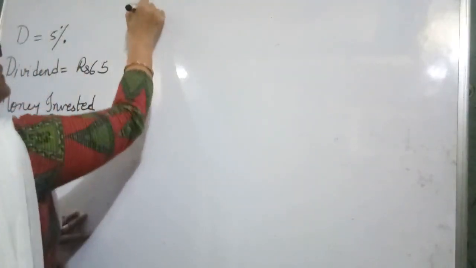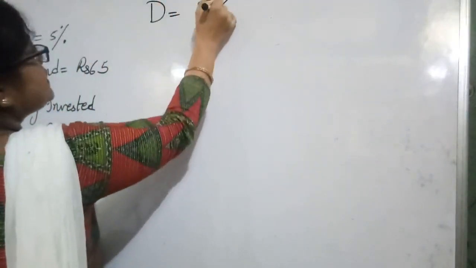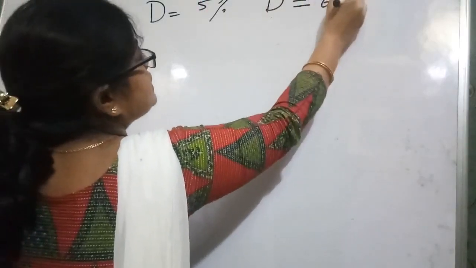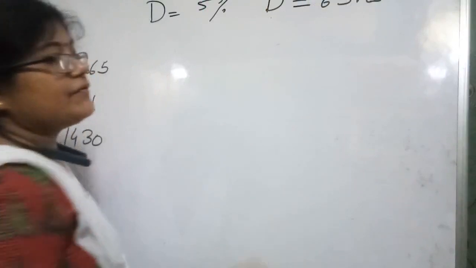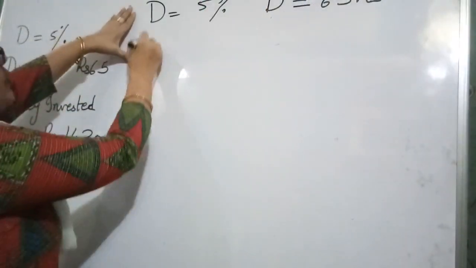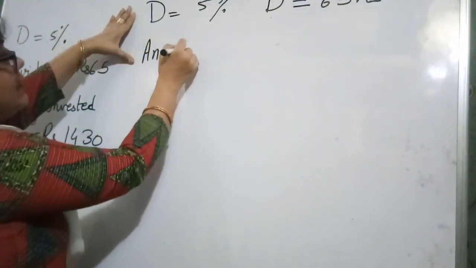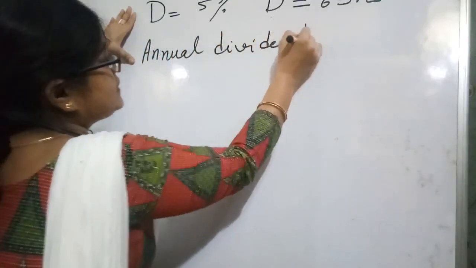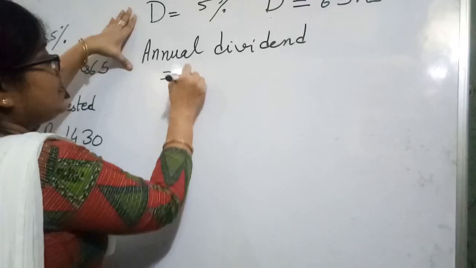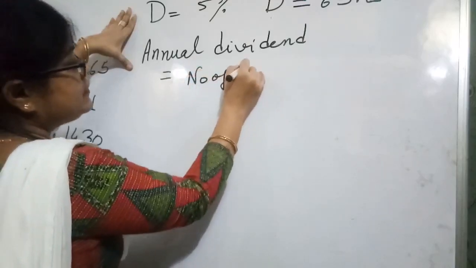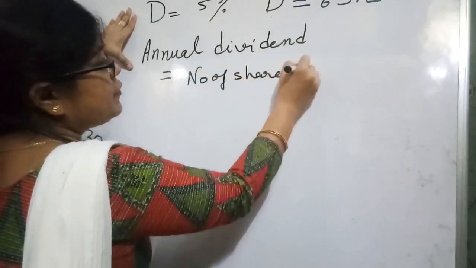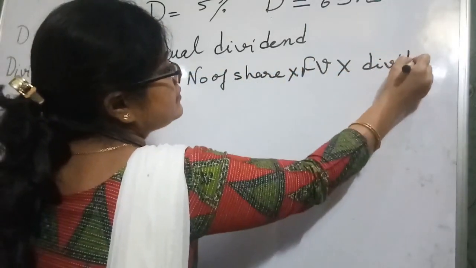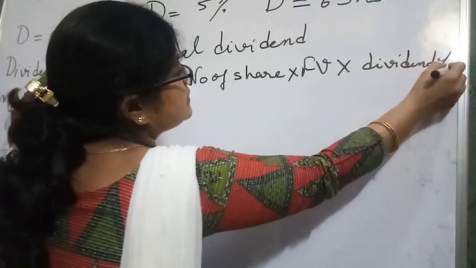Now see over here, we have dividend 5%, and the amount of dividend he received is rupees 65. Now we have the formula: annual dividend is equal to number of shares into face value of share into dividend in percent.